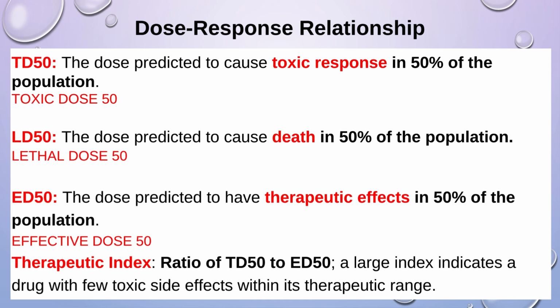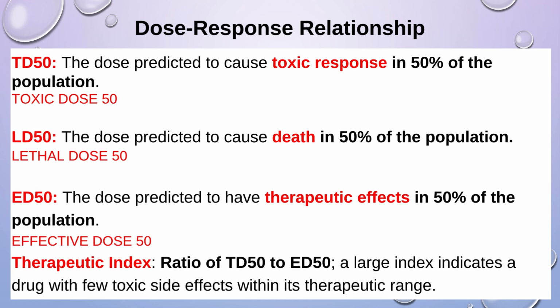For ED, we're looking at how effective the dose is, so that's more on therapeutic effects. It's the dose predicted to have therapeutic effects in 50% of the population. Toxicity is distinct from the lethal dose. Toxic is more on morbidity, where we can observe illnesses and signs and symptoms, but with LD50, the patient is already dead.